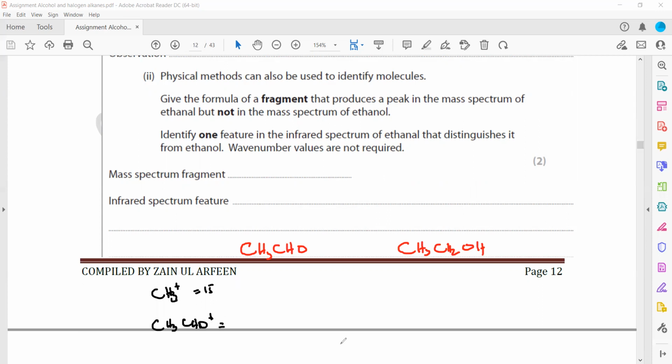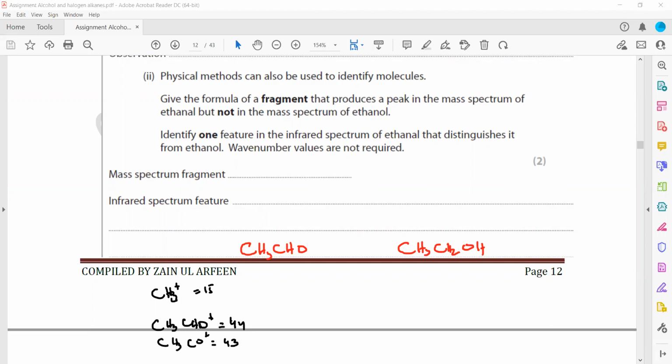So carbon is 12 multiplied by 2, so it will be 24. Plus 4 hydrogen are there, 28. And plus oxygen is 16. So that makes 44. So the total will be 44 for this one. Or if this hydrogen is removed, so this is a molecular ion peak, and if this hydrogen is removed, CH3CO will be there, where we'll get this peak at 43.